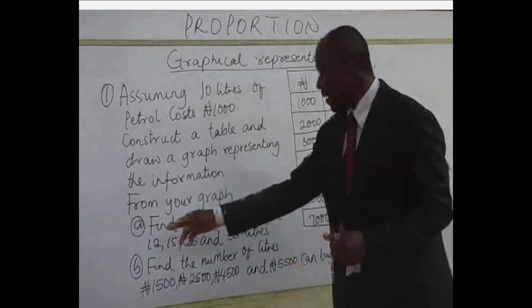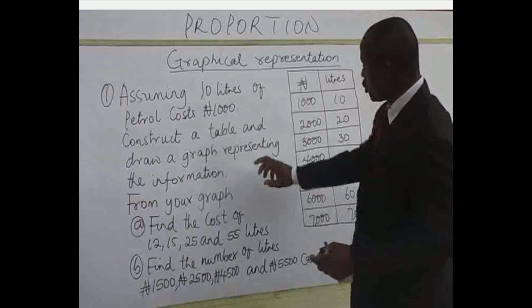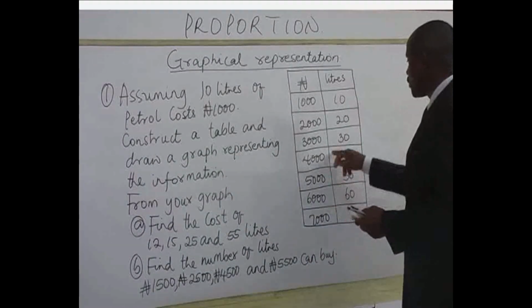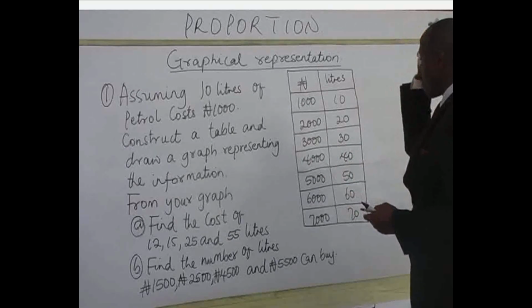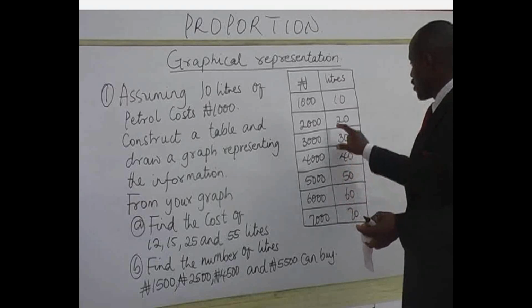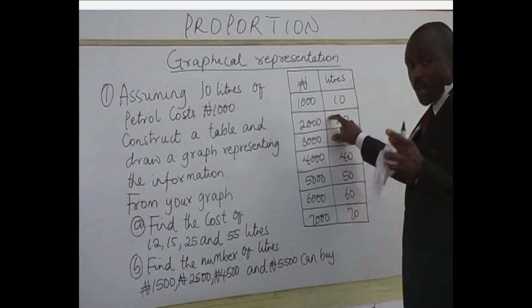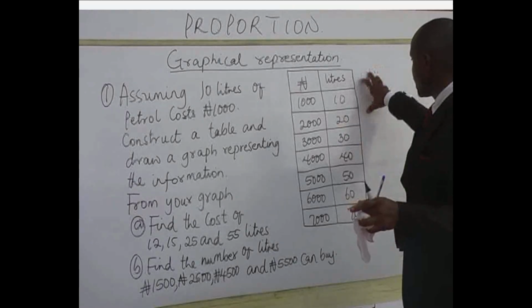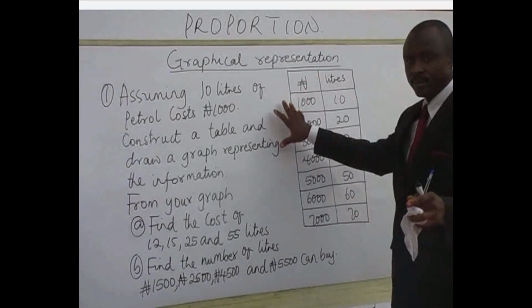So, question A. They say we should draw a graph, so we are going to draw a graph using this table of values. I would like you to copy this table of values into your exercise book, because I am going to paste a graph paper on this whiteboard.